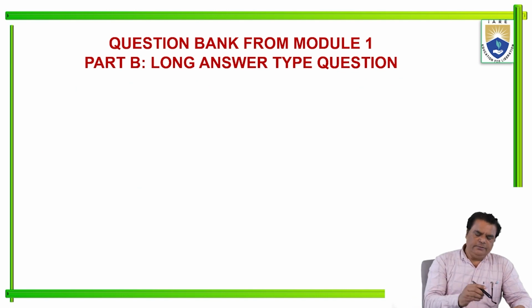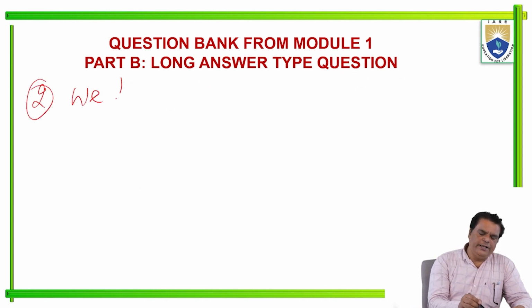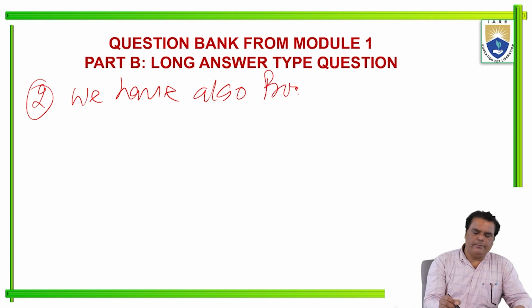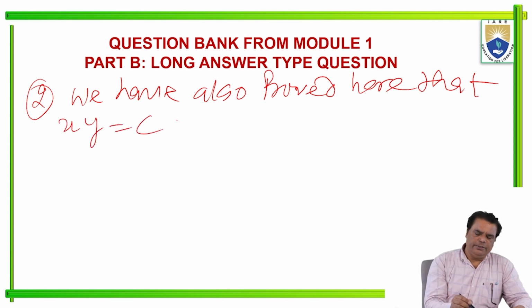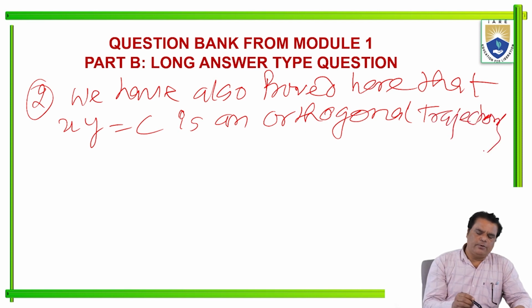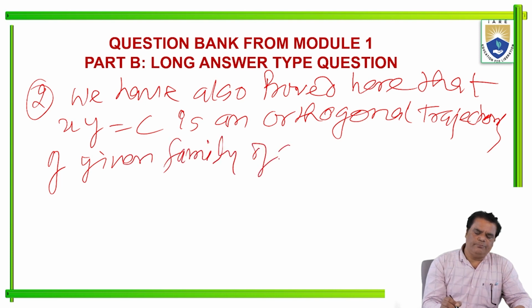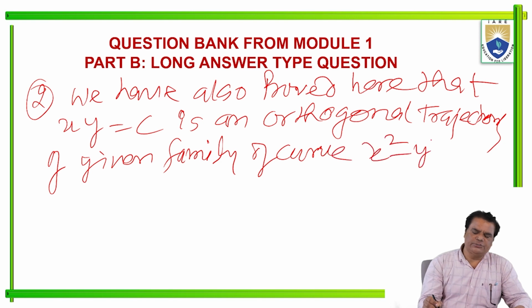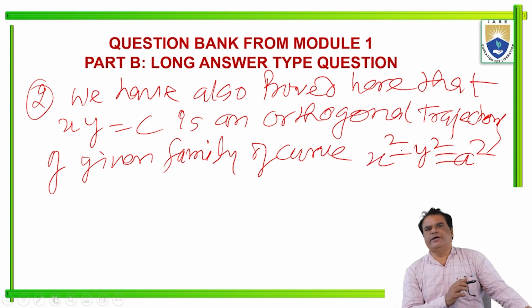And the second result, we have also proved here that xy equal to c is an orthogonal trajectory of the given family of curve x square minus y square equal to a square.